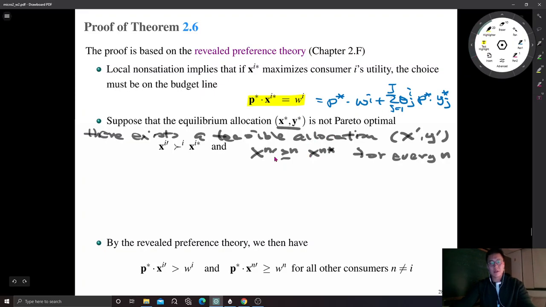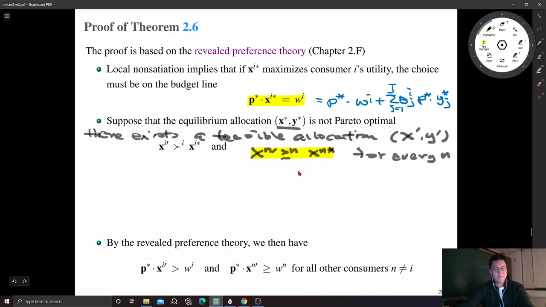This relation just means that it does not hurt any consumer's welfare. Plus, there is one consumer i who strictly prefers x prime to x star. Then this allocation x star, y star is not Pareto optimal.